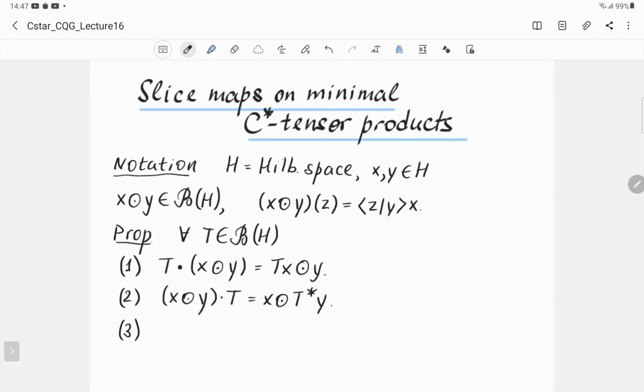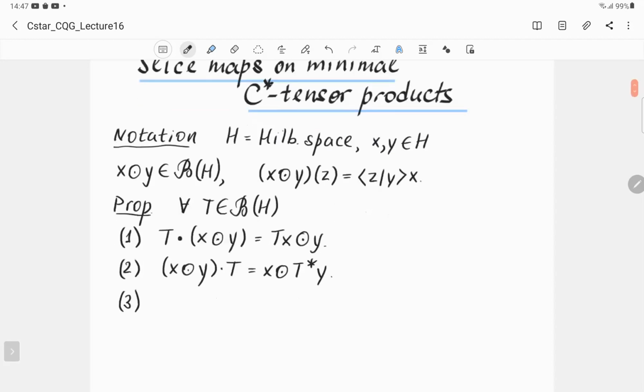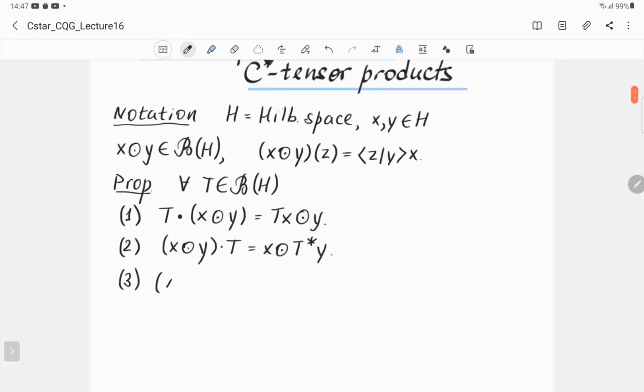And finally, part 3, if we take two rank 1 operators, X circle Y, an arbitrary operator T, and multiply T by these rank 1 operators on both sides, say X circle Y and Z circle W, then the result looks as follows.